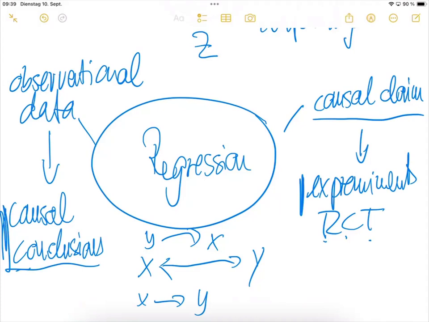So that's rather new, and you might be surprised hearing that, but yes, that's possible, of course, given some assumptions, but yes, it's possible. If you're very curious and maybe don't believe me, for the moment, check out the works of Judea Pearl, for instance, to learn more about that.